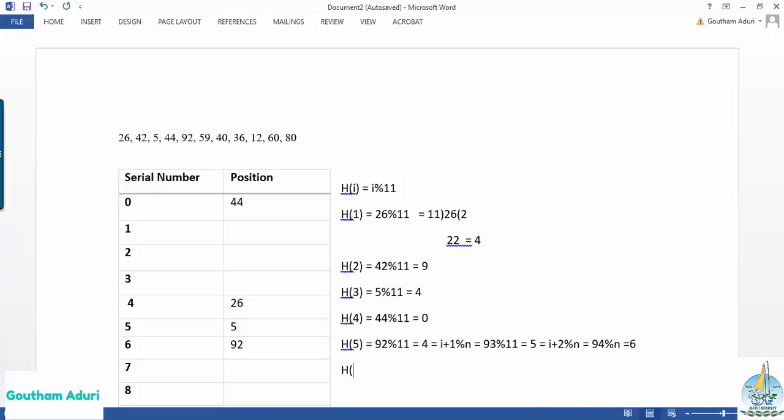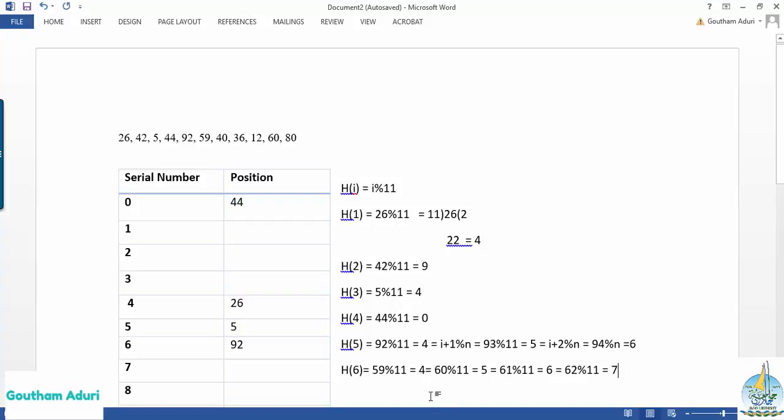of 6. The sixth number is 59, so 59 mod 11, so 11 5 the 4, again the fourth is going to come, you have to increment, so it's just straightforward 60 mod 11, and then 11 it's 5, which is also there, collision, and then I have to increment by 2, now 1 2 3, so 59 plus 3 is 62 mod 11, so it's 55, and then 7.